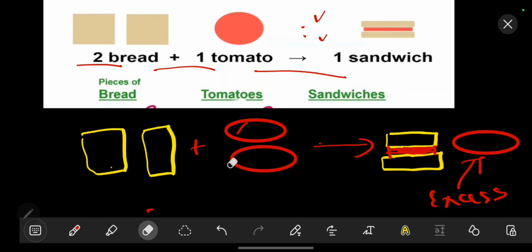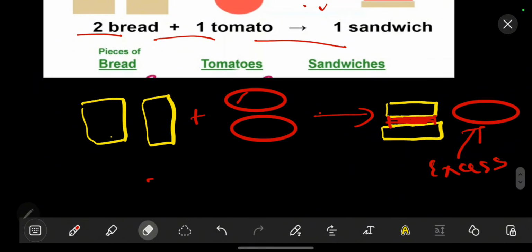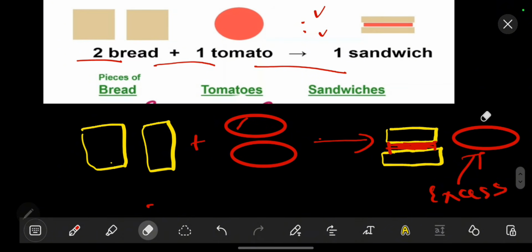Now what happens to this other tomato? This other tomato is the excess. So for such a reaction, the limiting reagent is the bread, because for you to have a complete sandwich, you need 2 slices of bread like that.